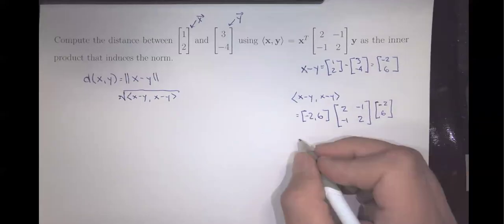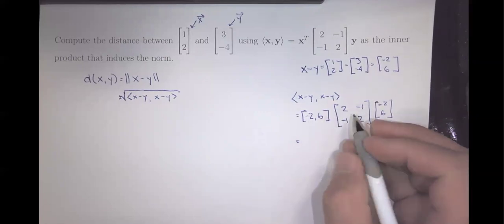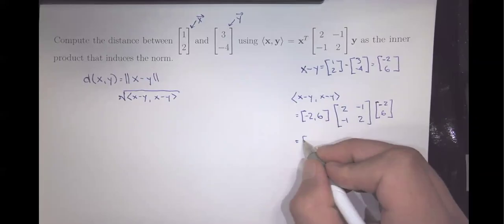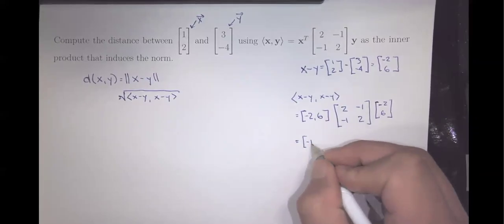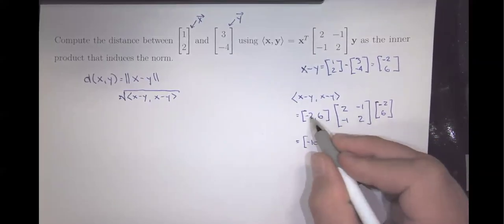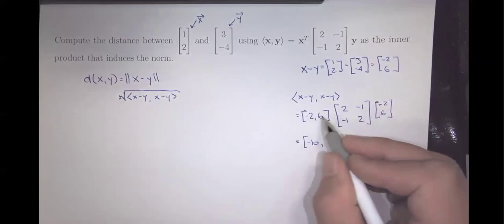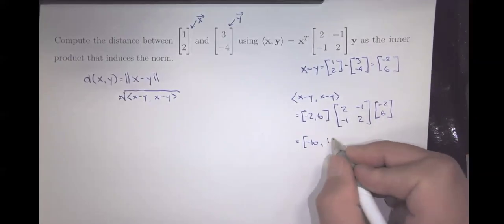So you multiply these first two matrices together, we've got 2 times negative 2 is negative 4, minus 6 is minus 10. We've got minus 2 times minus 1 is positive 2, plus 12 is 14.